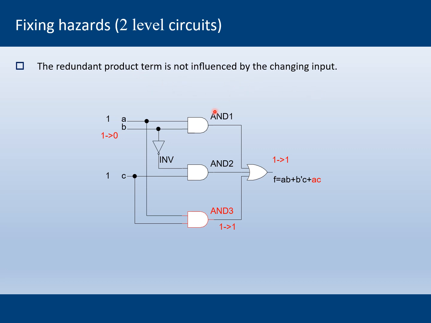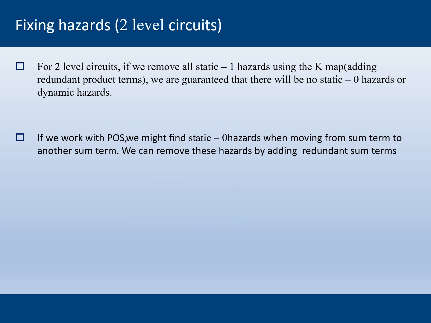After including AC in the previous circuit, we get this combinational logic circuit. This is one example. For two-level circuits, if we remove all static 1 hazards using the K-map by adding redundant product terms, we are guaranteed that there will be no static 0 hazards or dynamic hazards.